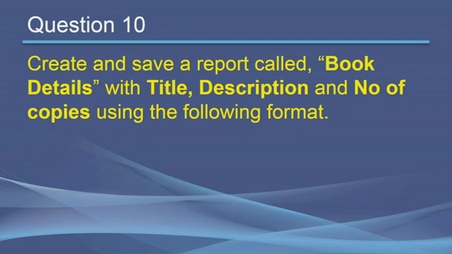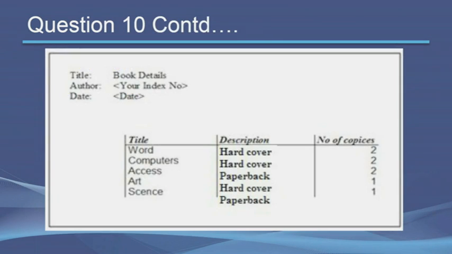It's question 10. Create and save a report called book details with title, description and number of copies using the following format. As in the previous lesson I taught, there is another image of the report. So you have to create a report just like this. So let's create it.